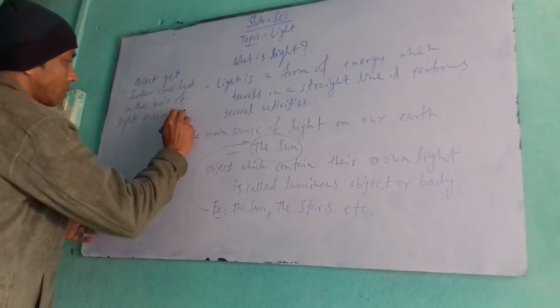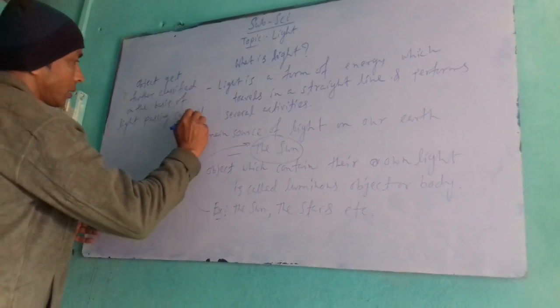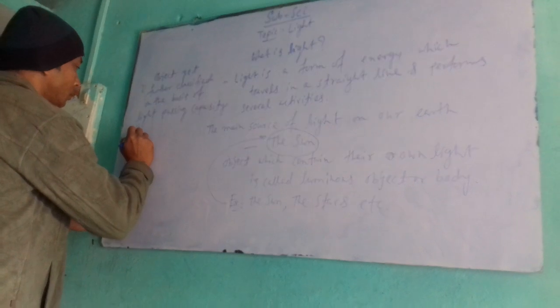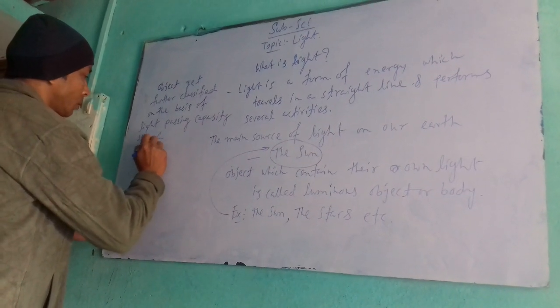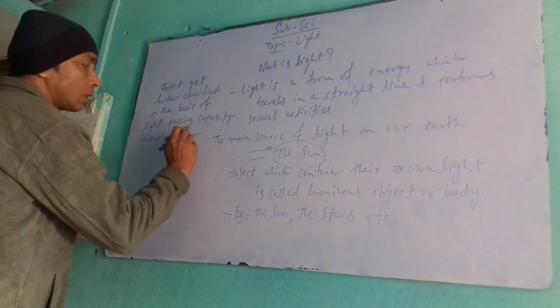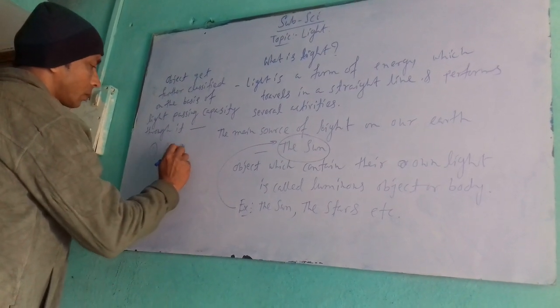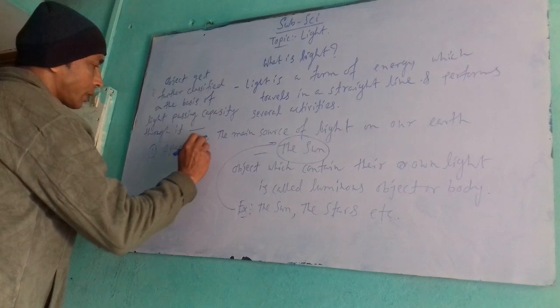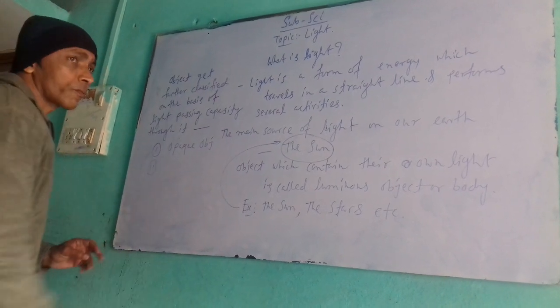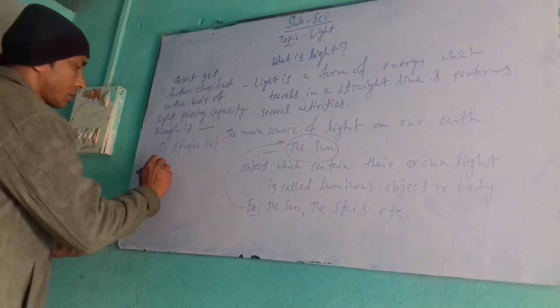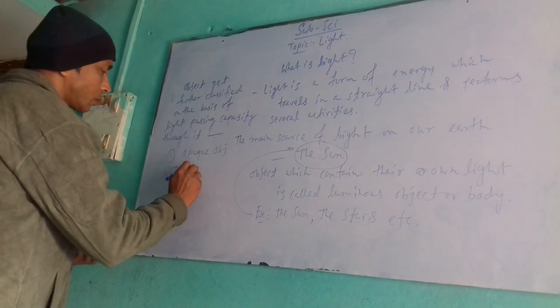light passing capacity through it. Like number one, opaque object. Number two, the transparent object.